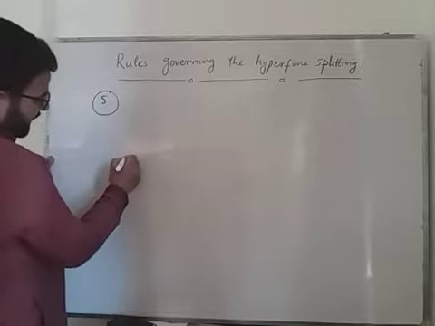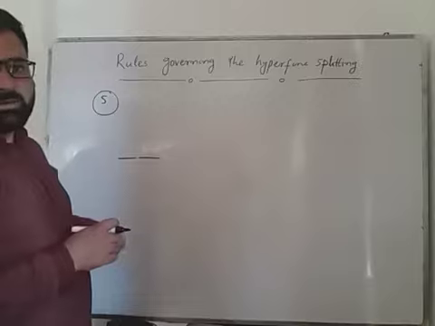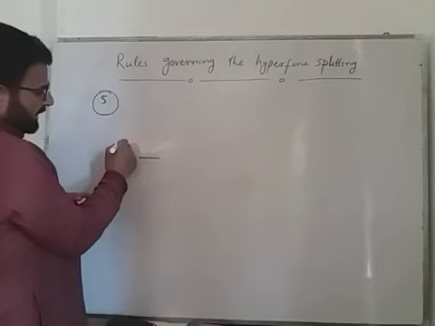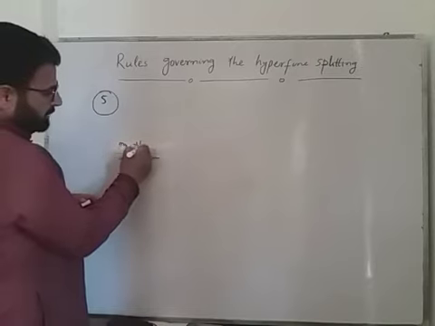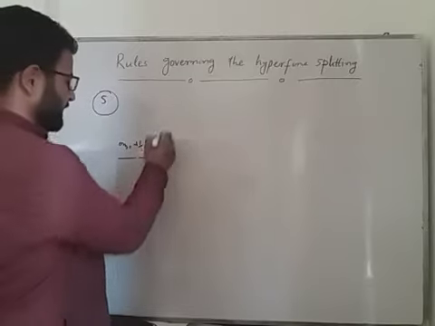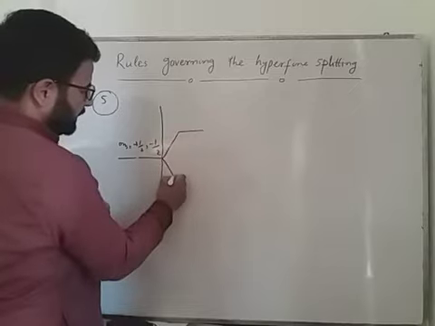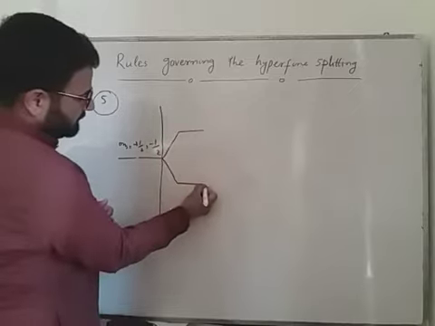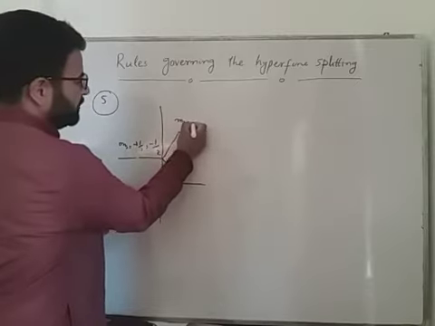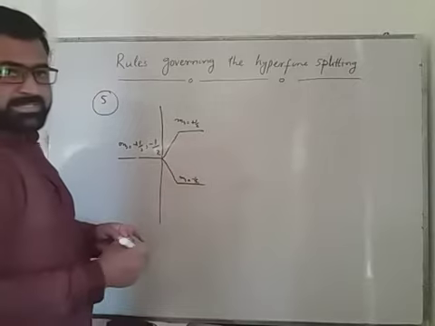For example, initially if we have an electron which has no nuclear spin in its vicinity, when it is degenerate, ms is equal to plus 1/2 and minus 1/2, they are doubly degenerate. Once we apply the magnetic field, what will happen? They will split into two levels, where ms is equal to plus 1/2 and ms is equal to minus 1/2, which we have already discussed.